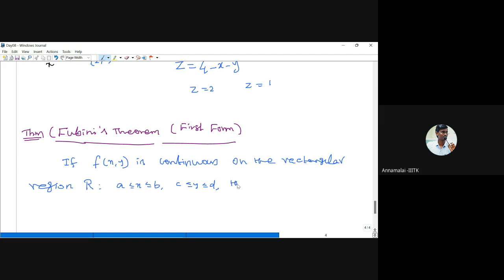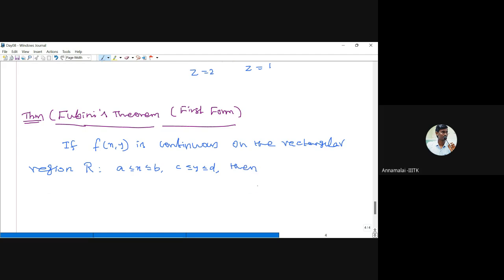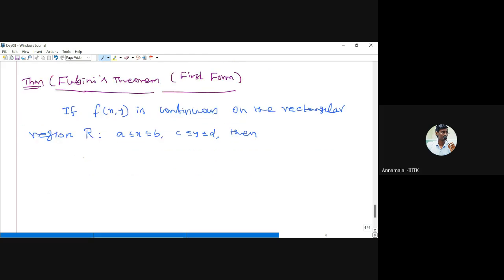Then the double integral over R of f of x comma y dA is nothing but the integral from c to d, integral from a to b, f of x comma y dx dy, because first we have the limit of x.